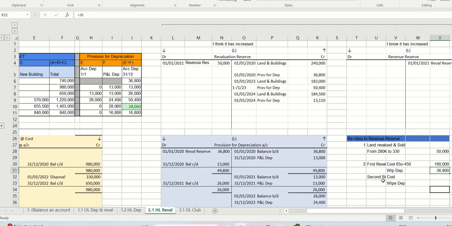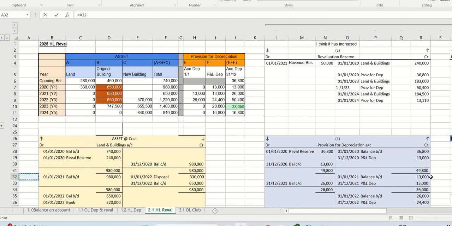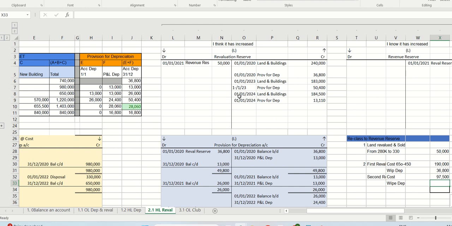The second reval is the second time we revalued that building. Again, we're going to go to our table and see what happened. It went to 747 from 650, and it's that increase that we need to get.